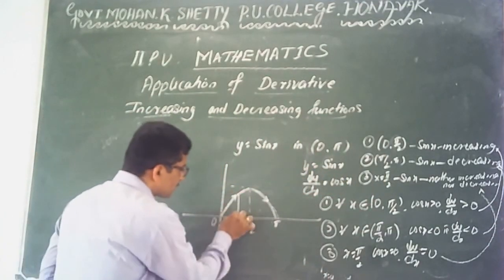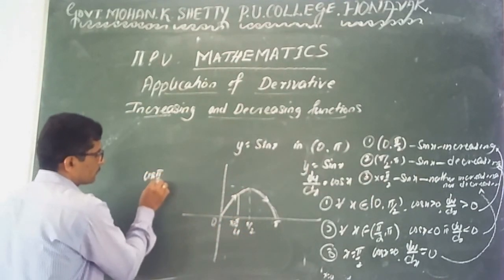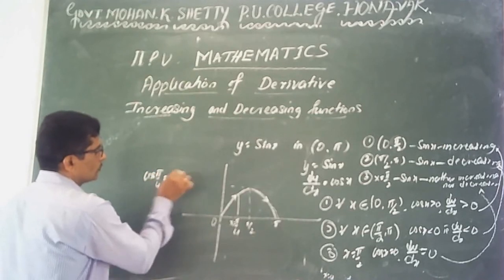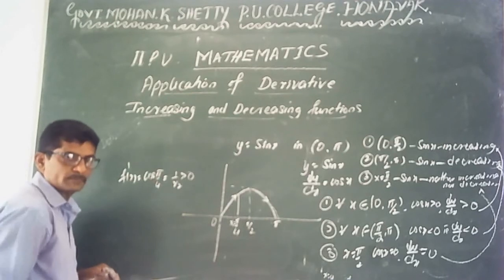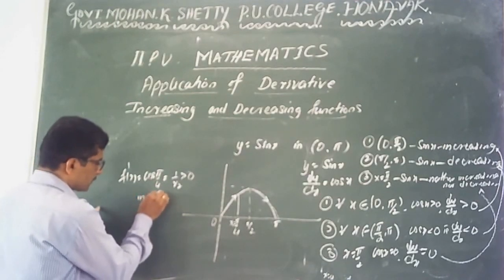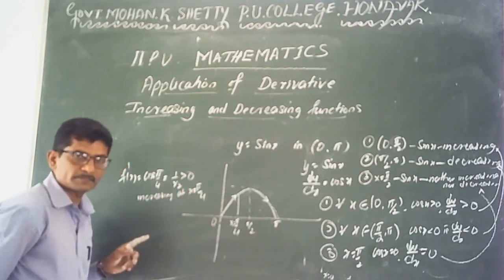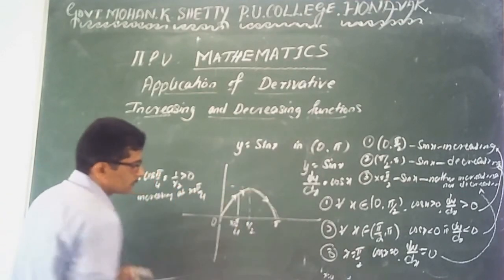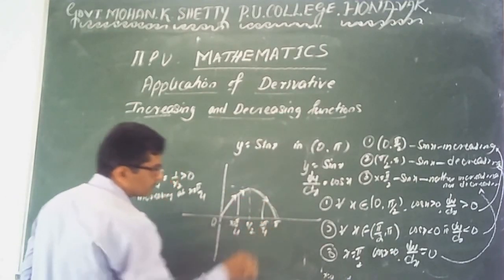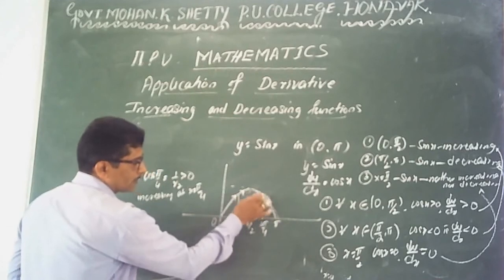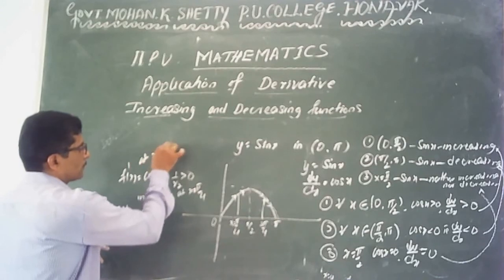Suppose verifying at the point x equal to pi by 4. Here you know that cos pi by 4 is equal to 1 by root 2. It is positive, f dash x is positive. Therefore, increasing at x is equal to pi by 4.